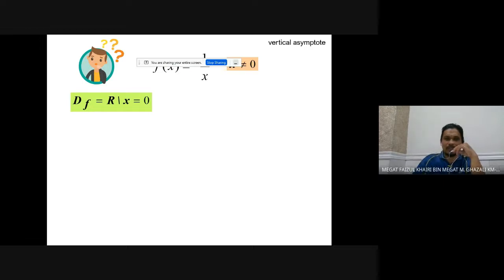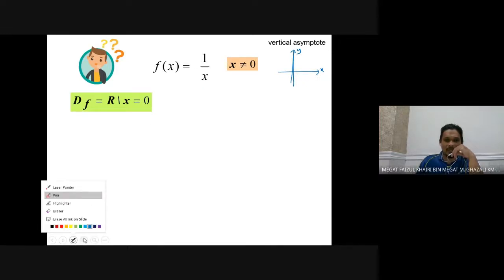Okay, as we know, when we have a function f(x) equal to 1 over x, we have the x-axis and y-axis. For example, when x equal to 1, then 1 over x equal to 1.